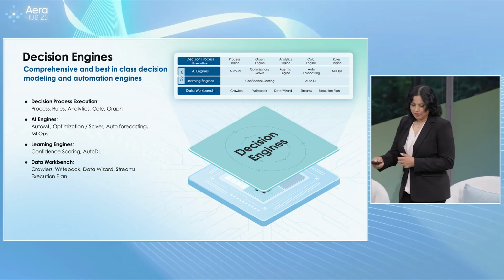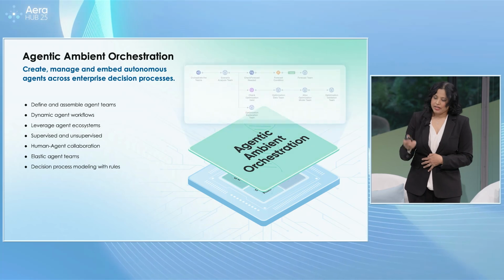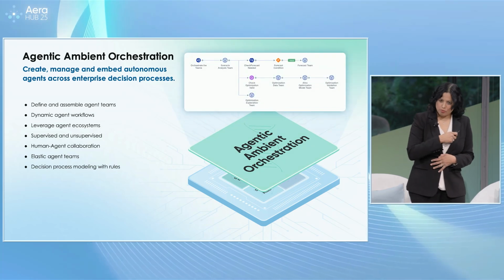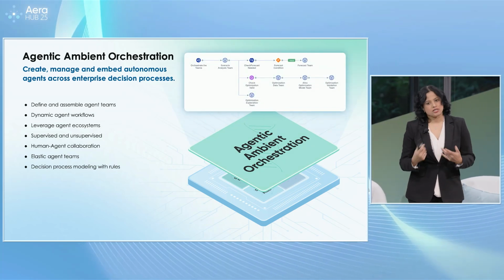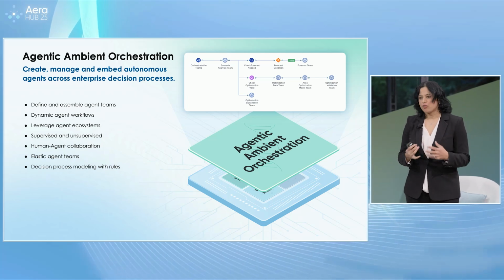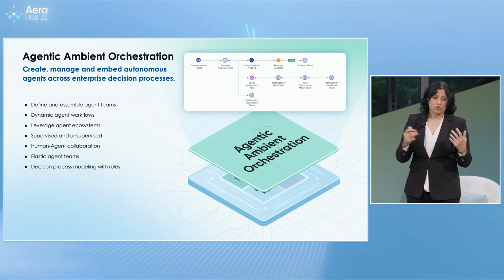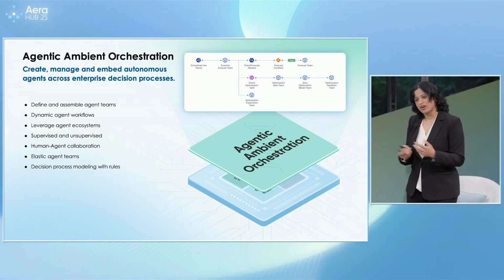Then we have the agentic ambient orchestration. We touched upon it briefly in the morning. This is really the layer that helps us bring together the power of generative AI and the deterministic AI reasoning, and then use that in your decision flows to drive better decisions.